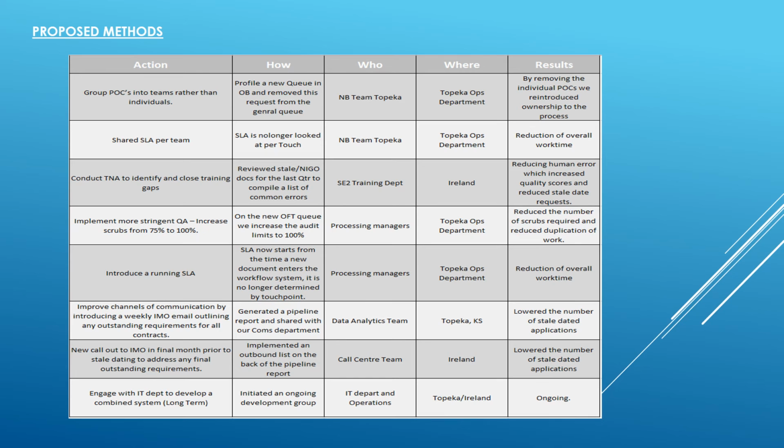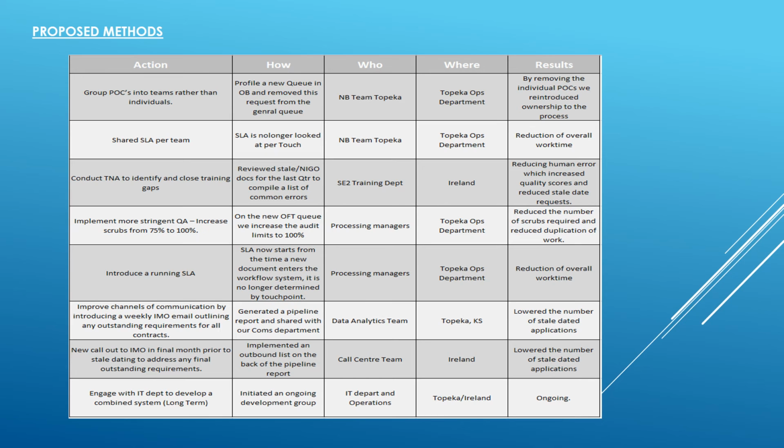By doing this, we reduced human error, which increased our quality scores and reduced the number of stale dated applications we had on request. We implemented our more stringent QA. We did this by implementing a new queue within our OnBase system. We increased the audit limits to 100%, as if this was cash in our hands at this moment in time.